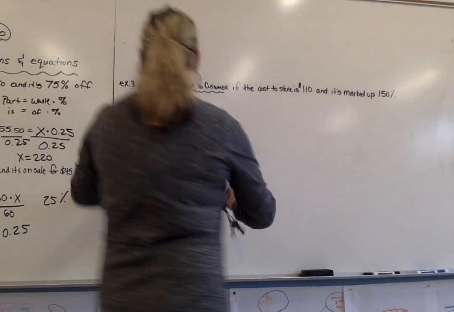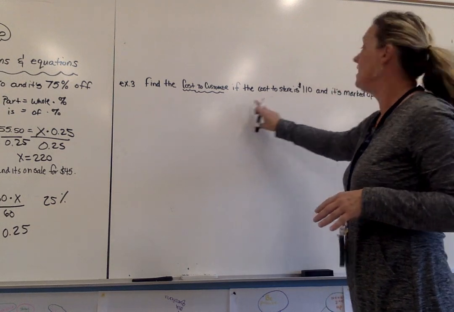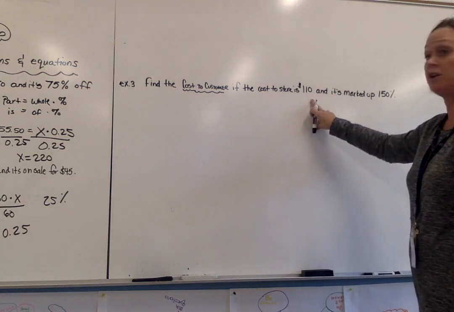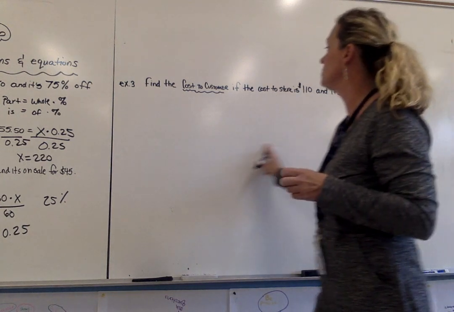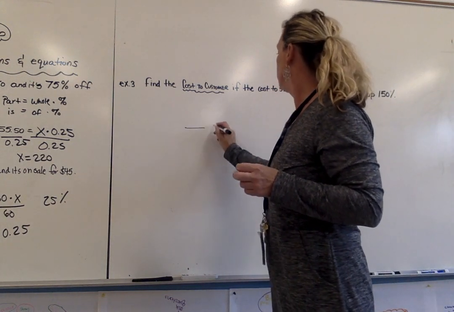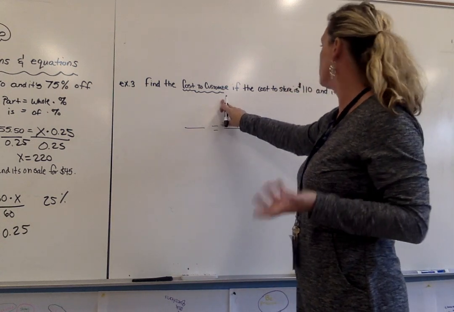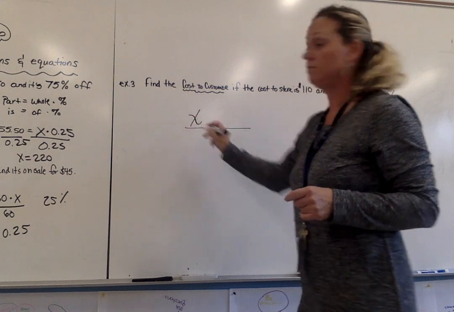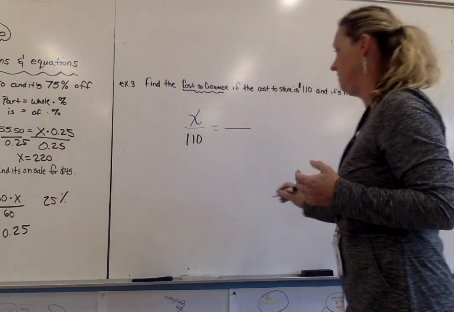All right, so this is saying that the cost to the customer, I need to find it. If I know that the cost of the store is 110 and it's marked up 150%. So, all right, the cost to the customer is what I'm looking for. That's the part. The cost to the store is 110.